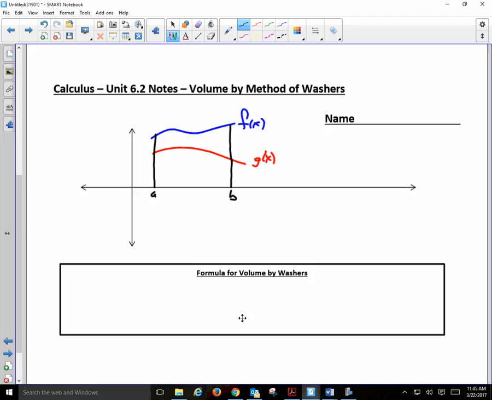So if I have a function f that's on top, I have a function g that's on bottom, and I rotate those around, you might get something like that.